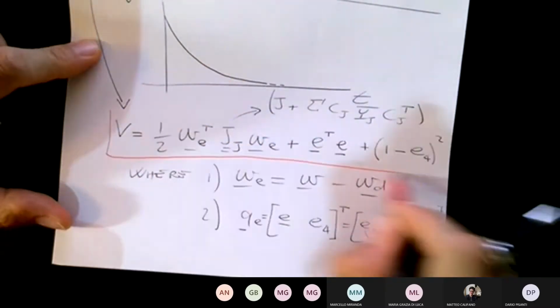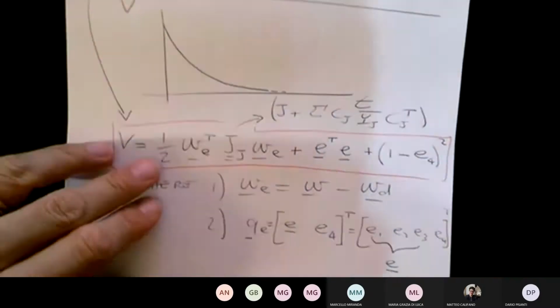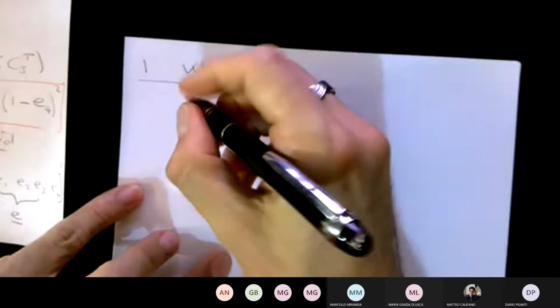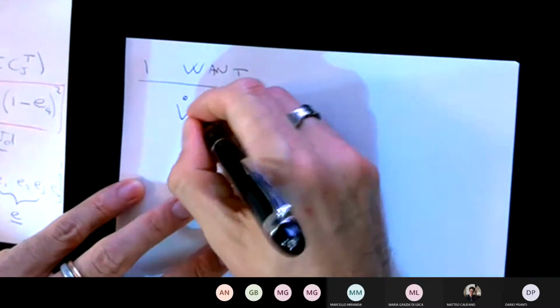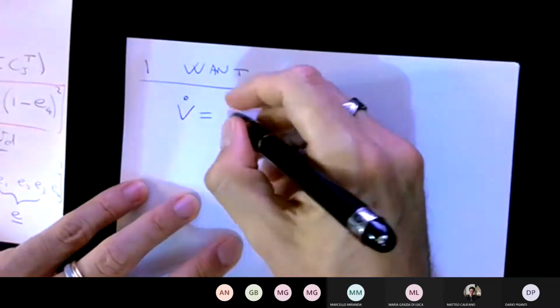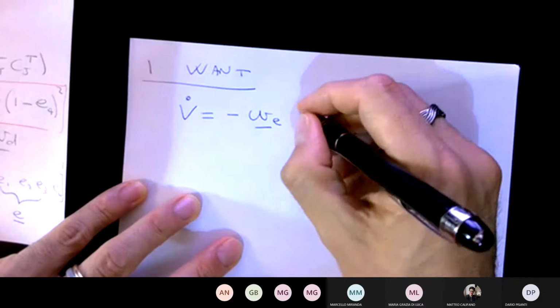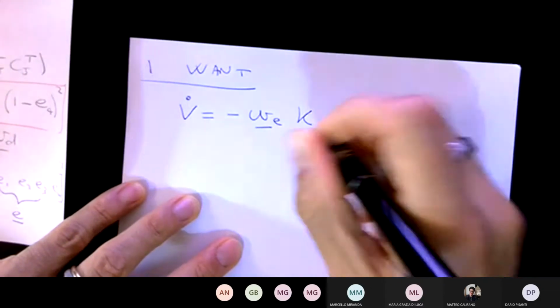Okay. So that's my candidate Lyapunov function right there. And I'm also going beyond, and I'm saying that I would like to force my system to do the following. This is something that I'm hoping to obtain. I want the Lyapunov function time derivative, and it's a scalar function, by the way, to be following this law: minus omega error transpose k omega error.